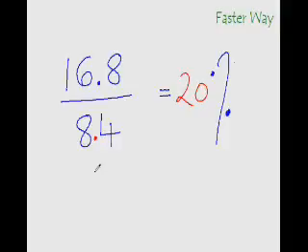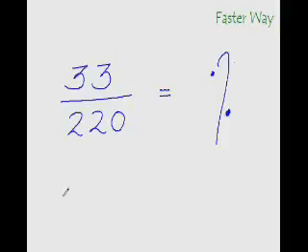If you want to go even closer, if you want to just zoom in, you can find 1%. It's absolutely your choice. How accurate you want the answer to be, you can determine that. At a glance, you can immediately come up with an answer, which is not possible in the usual way of doing it. Now, you try to find out that 33 over 220 equals how many percents?